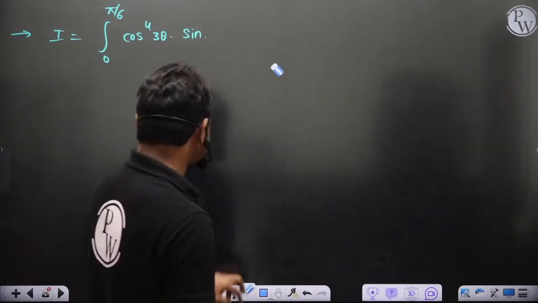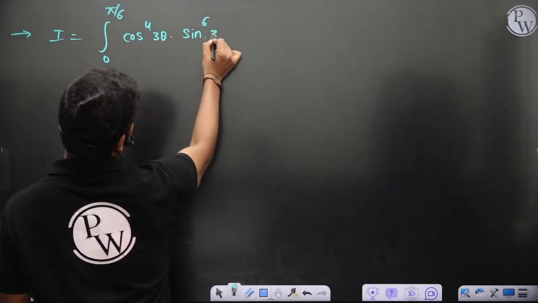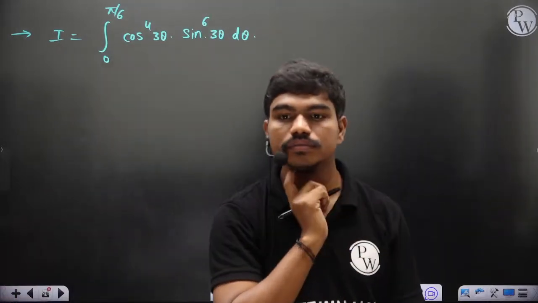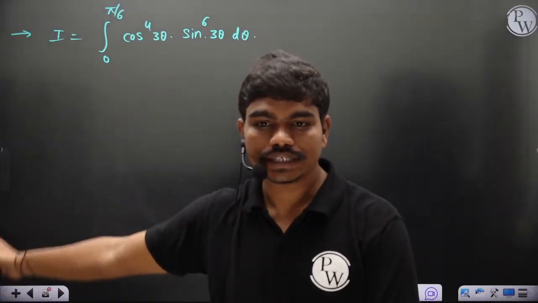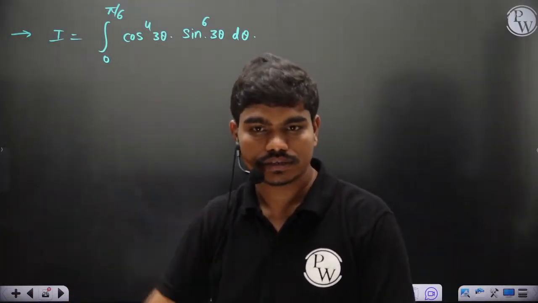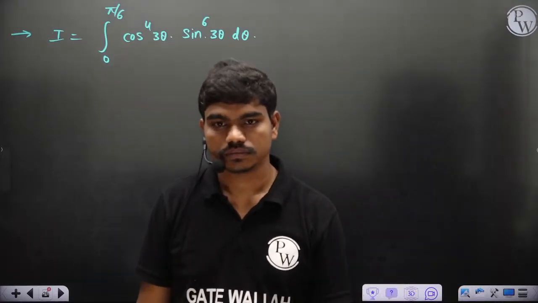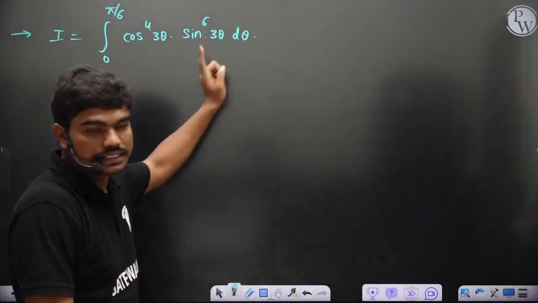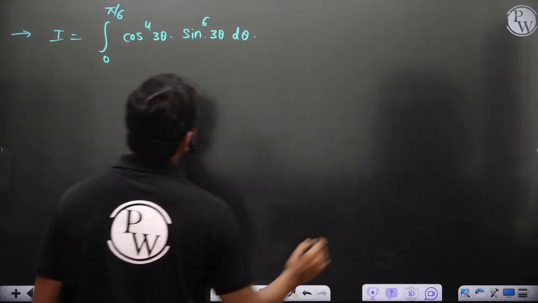Is this what you have? Sin power 6 theta d theta or sin power 6 3 theta d theta? Please tell me. This is correct, no? It is 3 theta because in the comment you missed this 3. Okay, fine. So then you can apply the reduction formula easily.